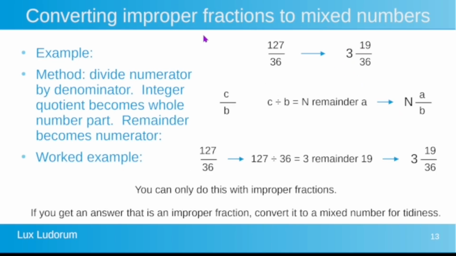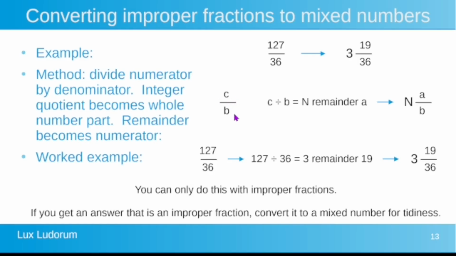Converting improper fractions to mixed numbers. So this is doing what we've just done in reverse. The method is to divide the numerator by the denominator, and the integer quotient, the integer part of the result, becomes the whole number part, and the remainder becomes the numerator.